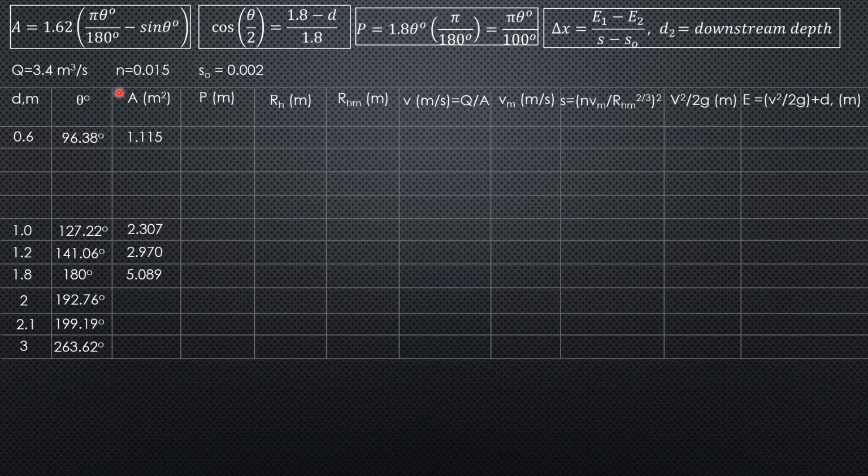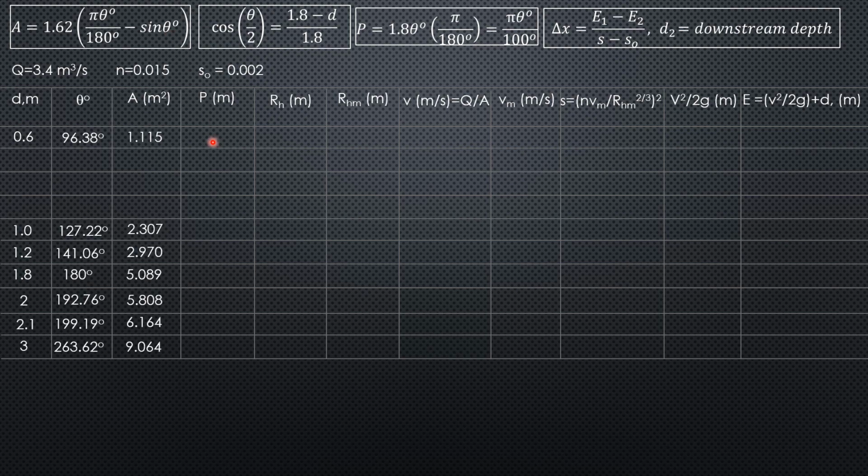The next, 192.76 for theta, you will get 5.808. Then replace 199.19, you will get 6.164. And lastly, replace 263.62, you will get 9.064.